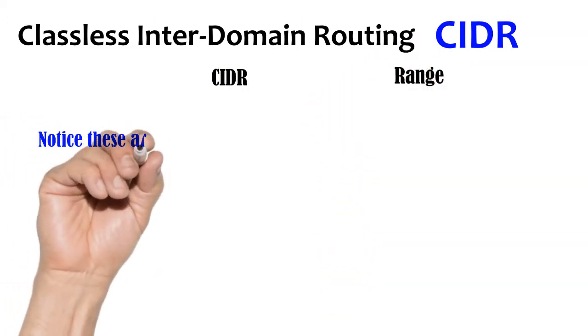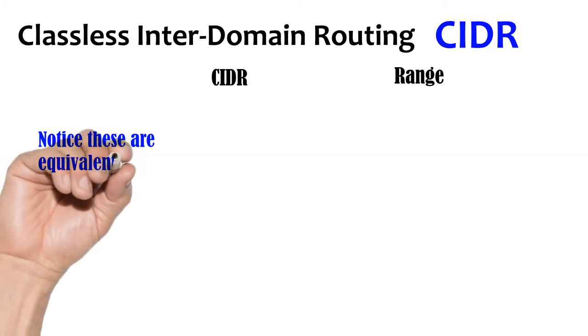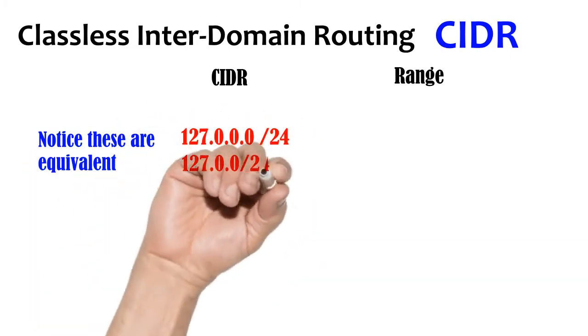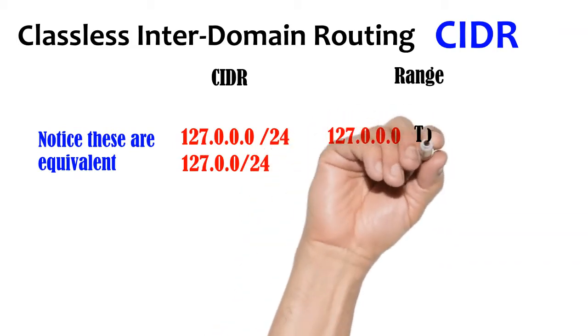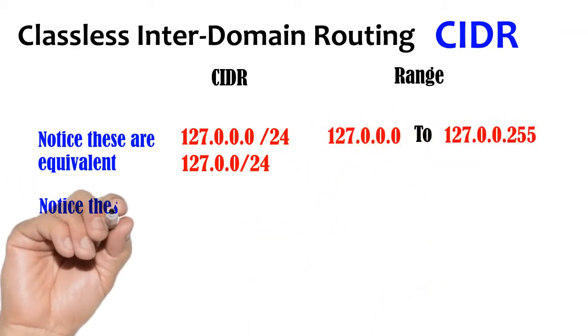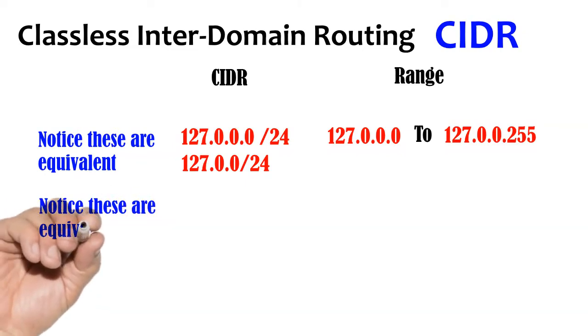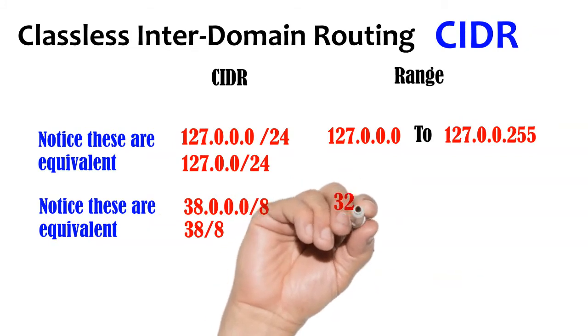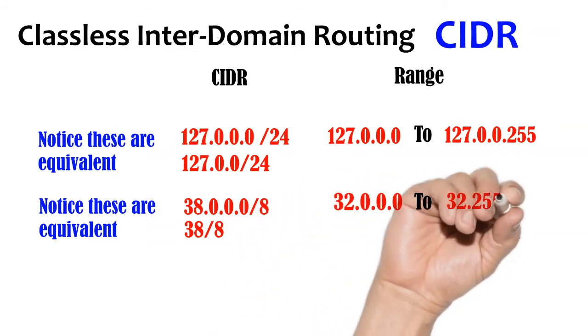This stems from the classless interdomain routing notation, otherwise known as CIDR notation. Without getting too deep in the subject, just know that CIDR is a shorthand method for representing a range of IP addresses. For example, let's look at the loopback address of 127.0.0.0/24.